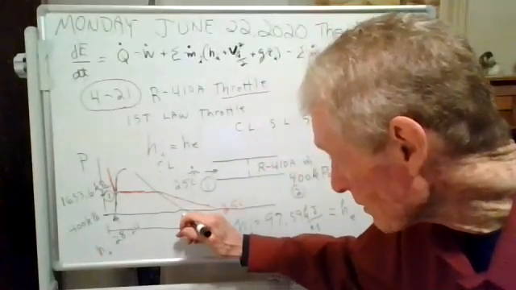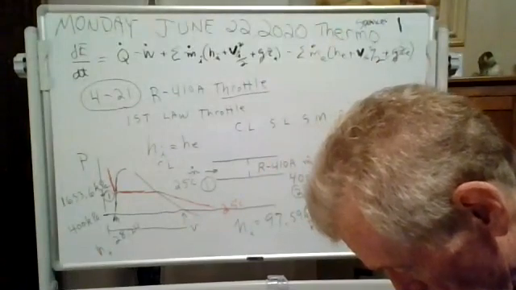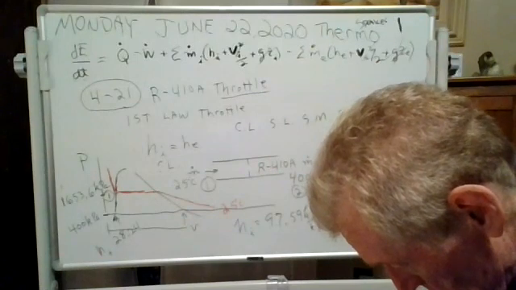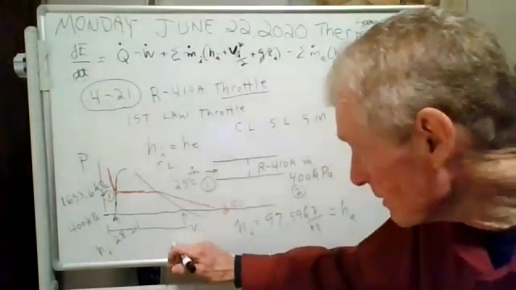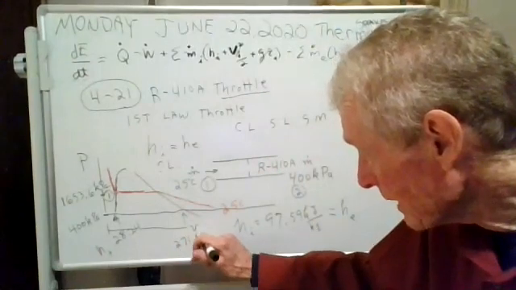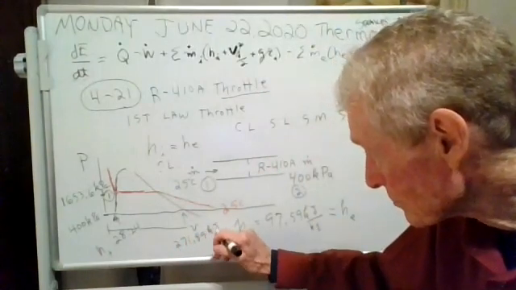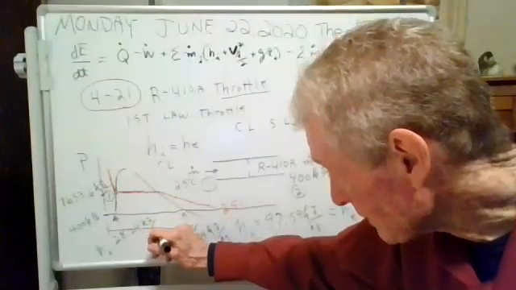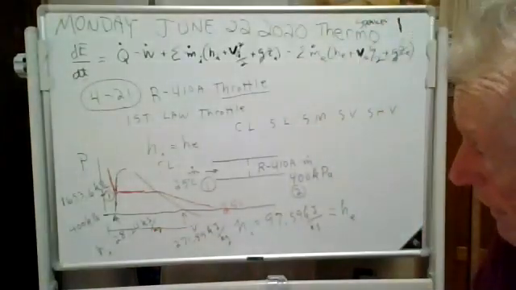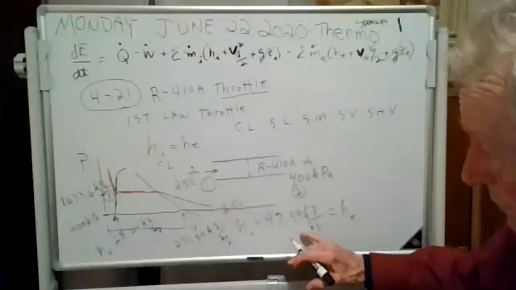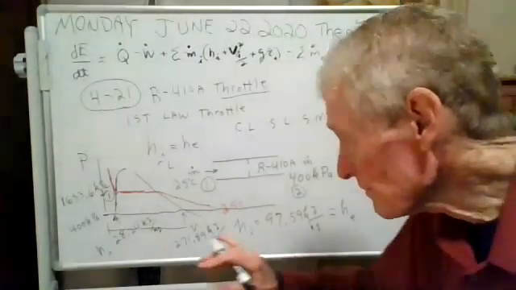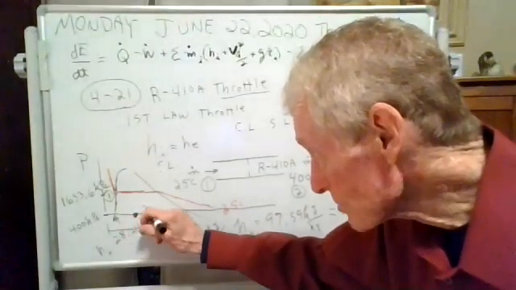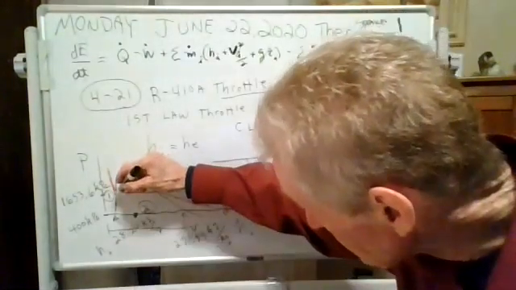And this value right here is 271.89 kilojoules per kilogram. Now, what we've got is 97.59. Well, 97 is in between 28 and 271. We're in here someplace. Here's state 2, and here's our process.